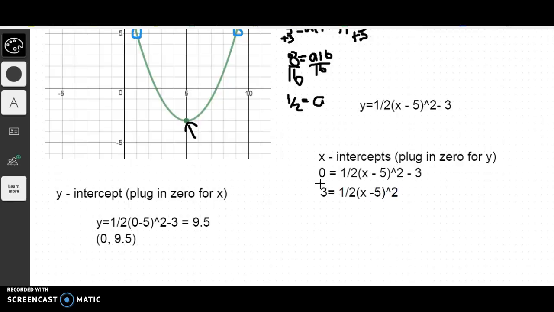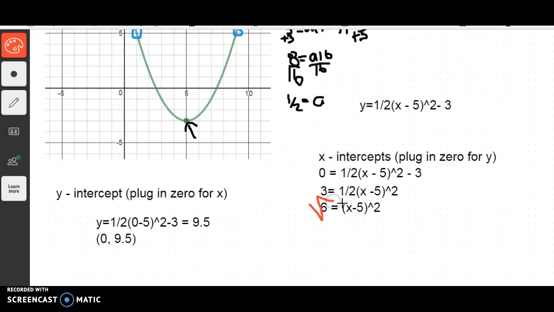to the second power. Okay, before I take the square root, I got to get rid of this 1/2. Rather than dividing by 2, I'm going to multiply both sides by 2. So 3 times 2 is going to be 6 equals x minus 5 squared. Okay, now this is the point where you actually have to take the square root of both sides.